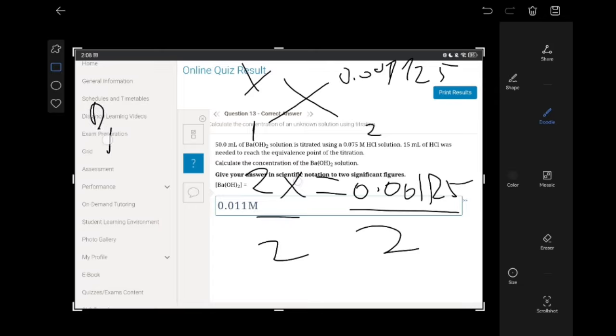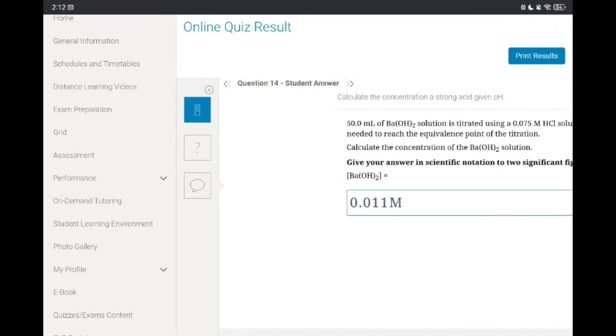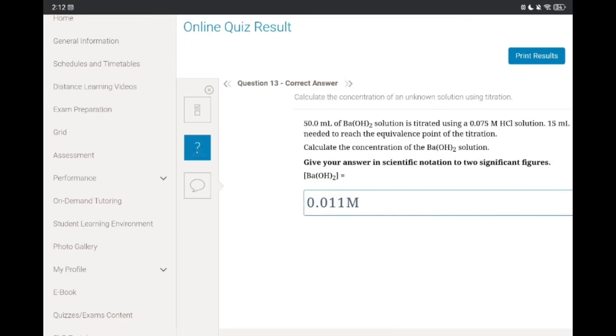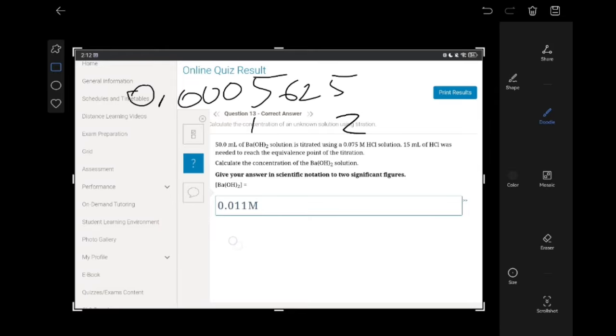So n of the base is equal to 0.0005625, because we divided by 2. If 1 gives you 2, then this is going to be double this. It's not like I wrote it before, that n of this is equal to 2, it's the opposite.